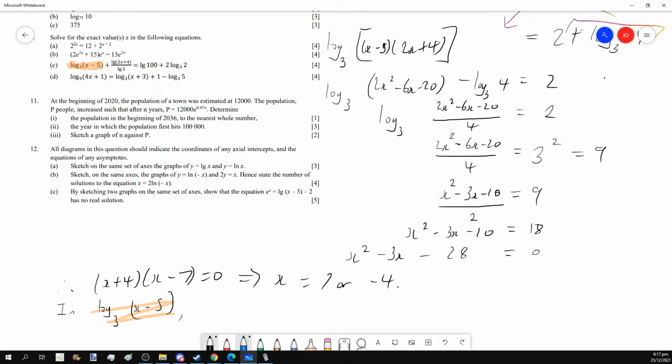So in log 3 of x minus 5, x equals -4 causes an undefined logarithm, because you cannot take the logarithm of a negative number, at least not with real numbers. So we will only have x equals 7 and nothing else. x equals -4 is actually fake news.